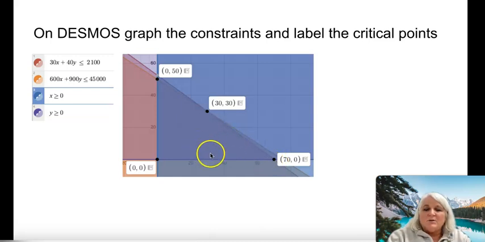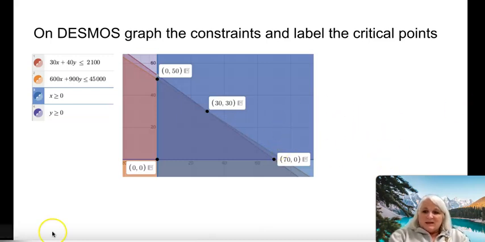Where everything overlaps inside the middle is called your feasible region. And then you have critical points, which are your vertices. You click on it on Desmos, and it will label it. And I will need a picture of this to show that you did it and to show how you find your critical points.